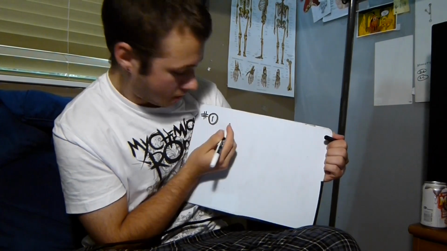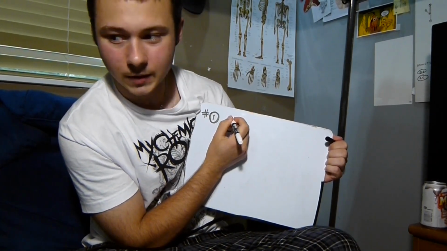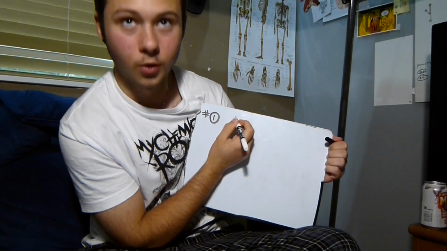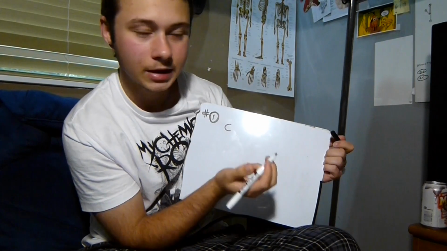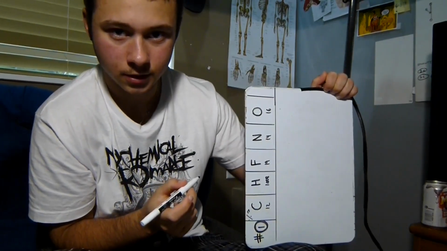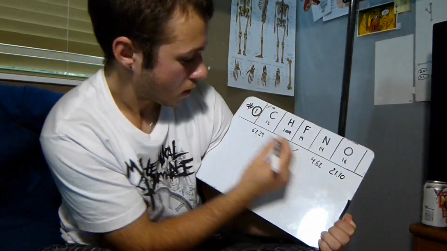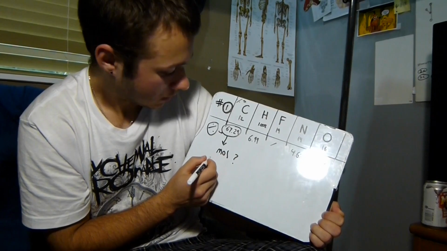Okay, carbon has a weight of 12 grams per mole, and that per mole part is really important, because you can get that from the periodic table. I'm not going to write percent after it because it's going to get really confusing.